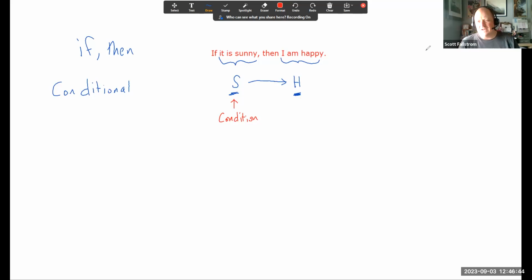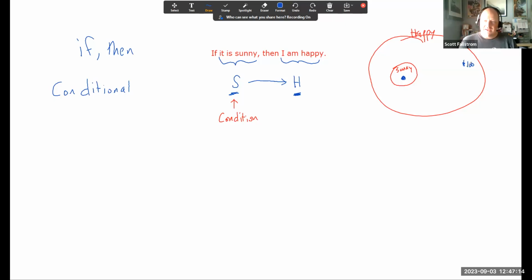So if you want to visualize it, picture this. Like if there was a big thing over here of all the things that make you happy, right? And inside of that is this other thing called sunny, right? So when we think of this, it's like if it is sunny, so if there's a little dot right here, if the dot is sunny, guess what? Then it's inside the happy circle, right? Okay. But notice there's other things that could make you happy. Over here is the $100 bill, right? You find a $100 bill, you're like, woohoo.